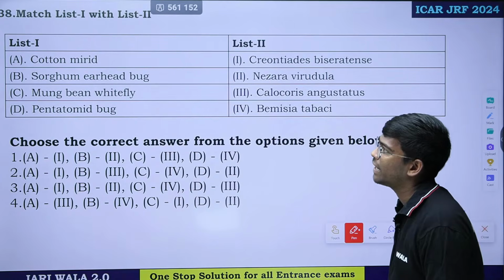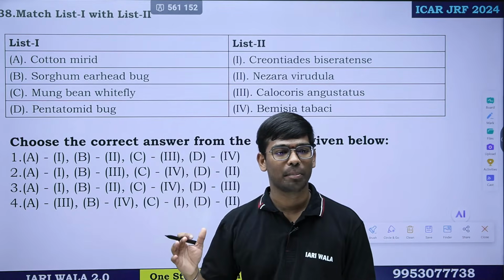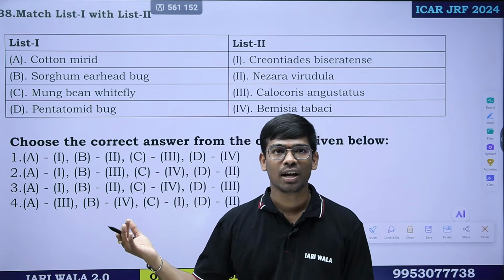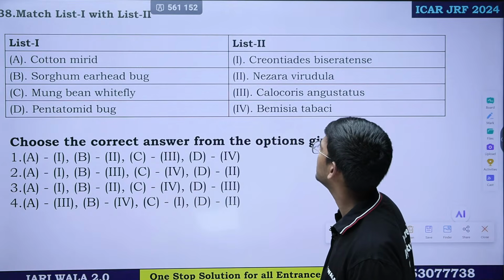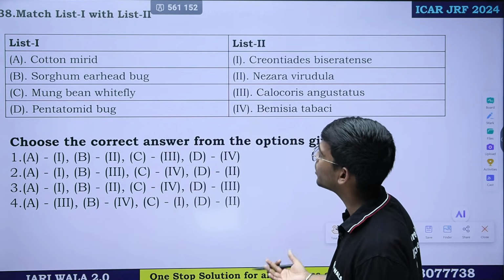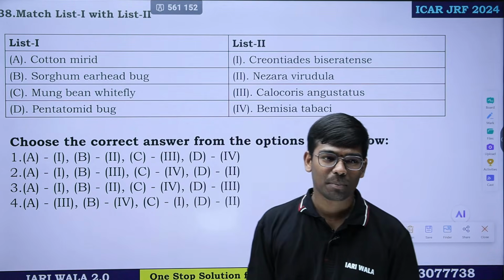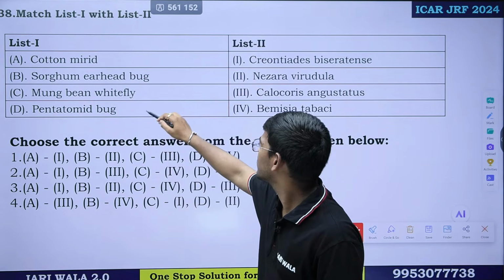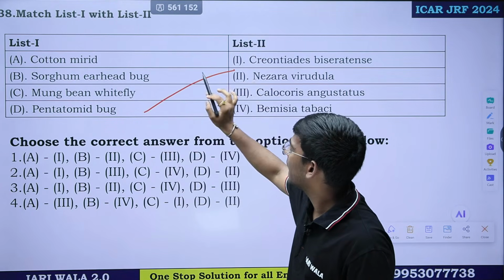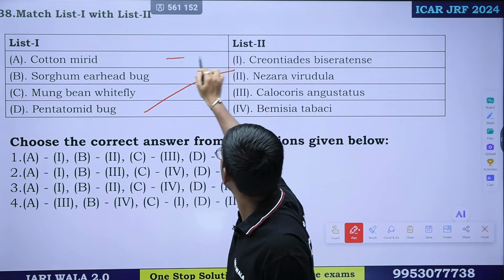So again, here also we can see the matching, the 38th question. One side they have given the common names and the other side they have given the scientific names. Okay, cotton mirid bug, if you could remember, it's well and good. But normally we know the pentatomid bug is Nezara viridula. This thing we know. And cotton mirid bug is Creontiades biseratense, that is option 1.